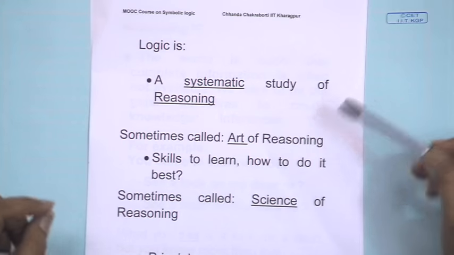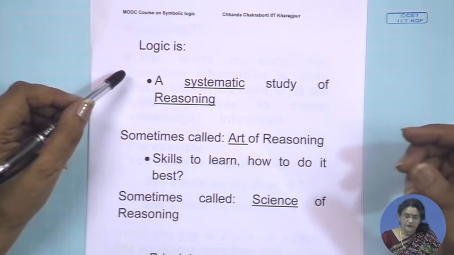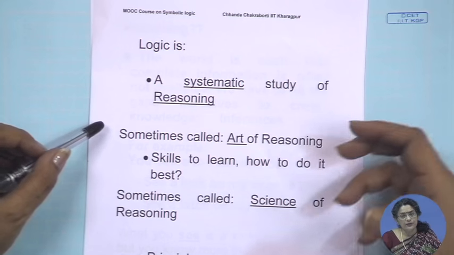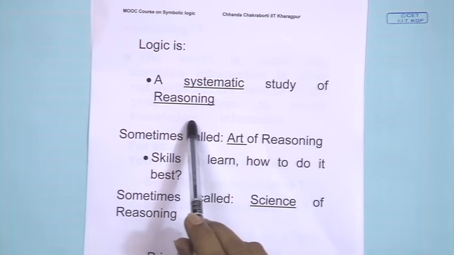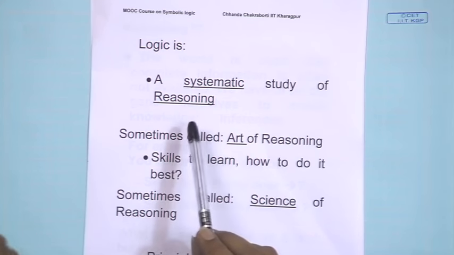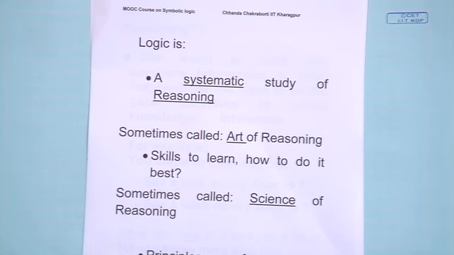But let us start with where we were, namely that logic is a study. First of all, it is a discipline, and it is a systematic kind of study, which means there are principles and it is organized. But the content of logic, if you ask what logic is a study about, then we have to say it is about reasoning.